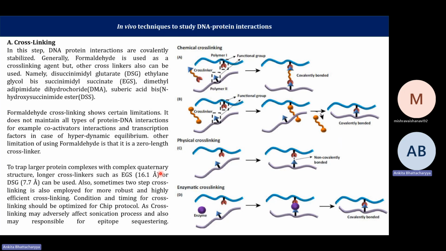Now, the condition and the timing for cross-linking need to be optimized. But under more standard protocols, you would find formaldehyde cross-linking being done for somewhere around 10 to 15 minutes.